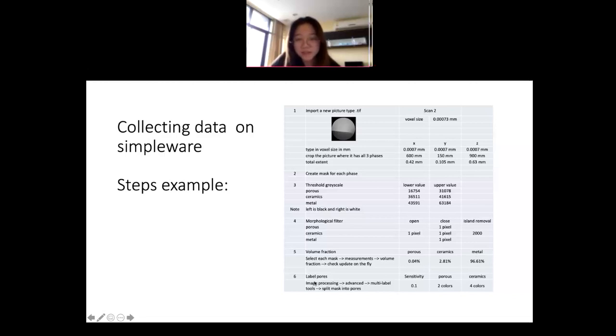And then the last one is to label the pores, like which phase is how big, by differentiating colors. So yeah, these are the steps.